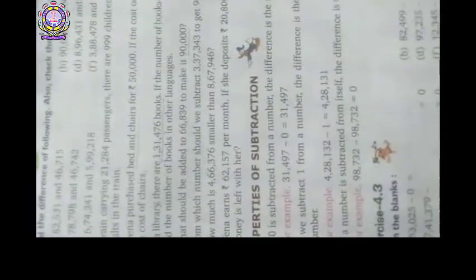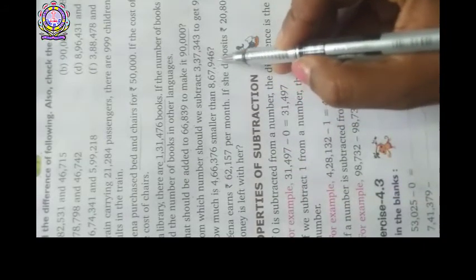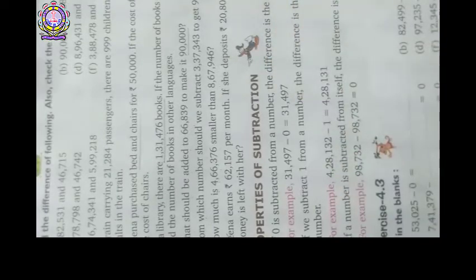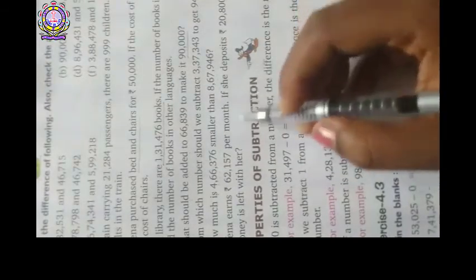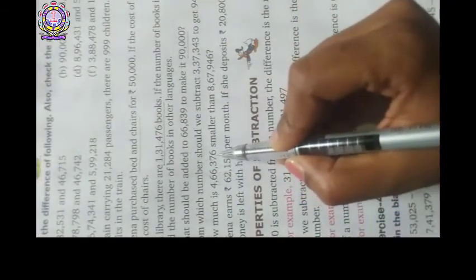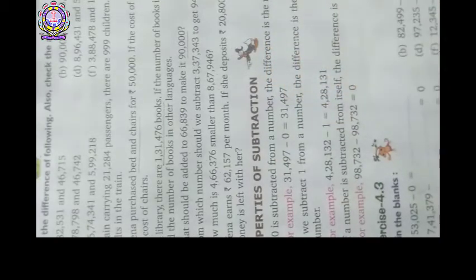Okay, if we subtract 4,66,376 from 8,67,946, we will get to know 4,66,376 is how much less than 8,67,946. Okay, this question do yourself.